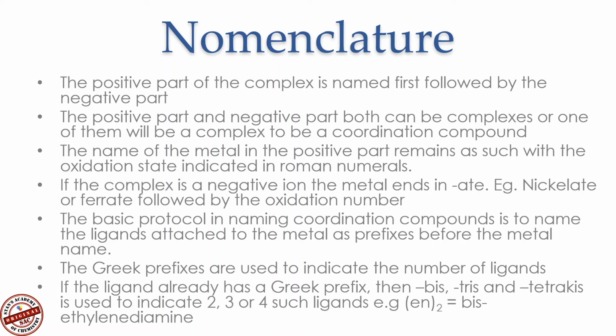So in such cases, if the ligand is bidentate, tridentate, or tetradentate, and two of them are present, we say bis ethylene diamine, or tris ethylene diamine if there are three. So we use a secondary numbering system if the ligand already has a number like di, tri, tetra within it. That's something you may want to note. Otherwise, it's straightforward naming.